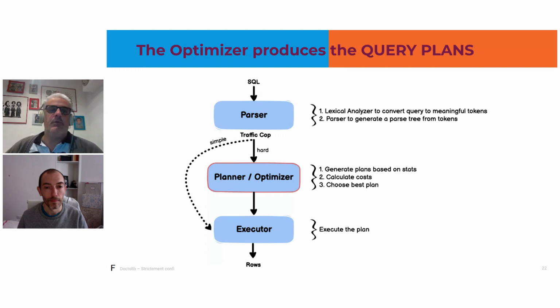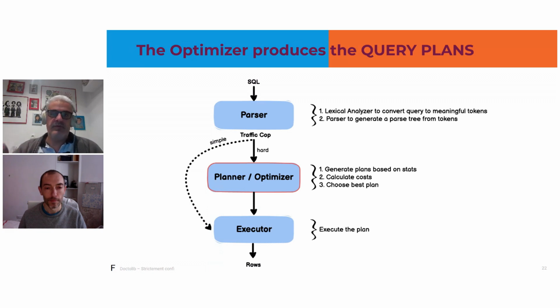The parser takes all the keywords of the SQL language and the names of tables and columns, for example, and makes a tree of the objects you want returned in your query. It will also say if the objects exist.